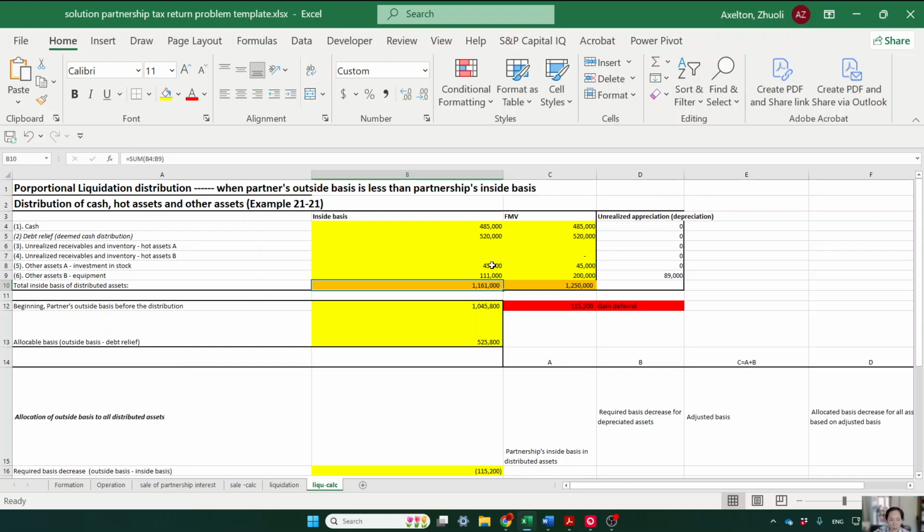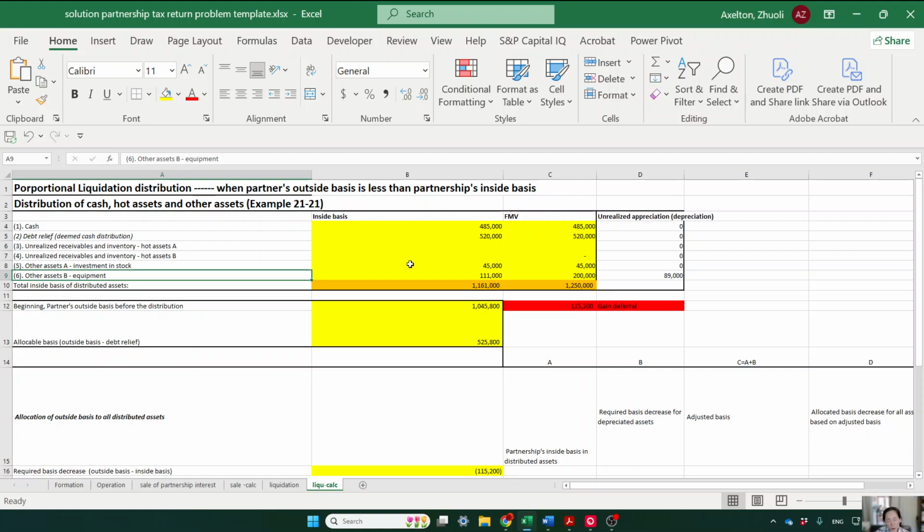In this case, when the partnership is liquidating, the partnership is going to distribute cash as well as a list of the assets to the partner in this liquidation.